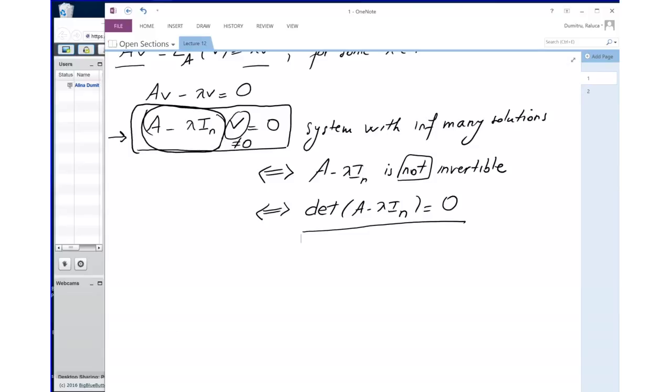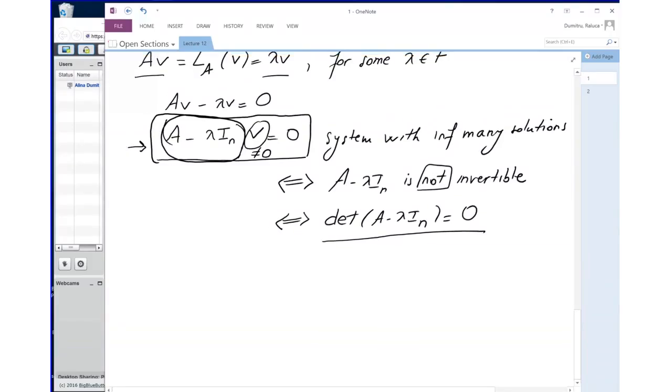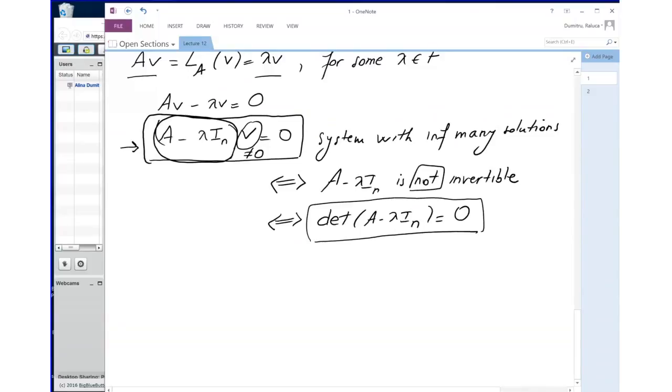All right, so we need to solve this kind of equation to find the eigenvalues, right? This is what defines the characteristic equation or the characteristic polynomial, right, in general.